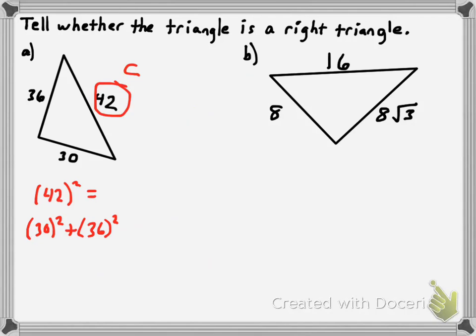Now 42 squared is 1,764. 30 squared plus 36 squared is going to give you 900 plus 1296, which is equal to 2196. So, since c squared is not equal to a squared plus b squared, this does not match up with that. It's not a right triangle.